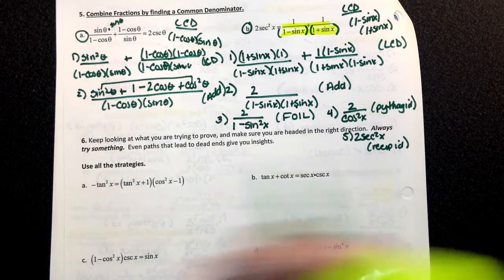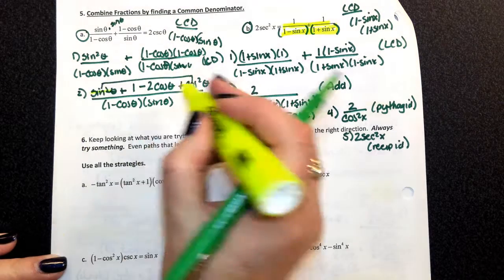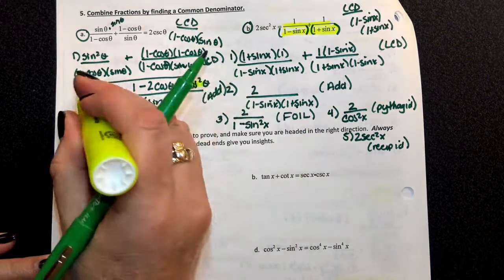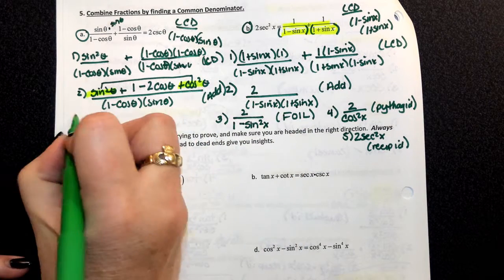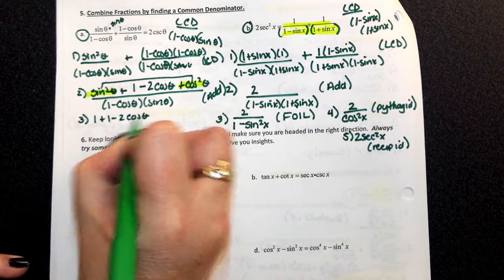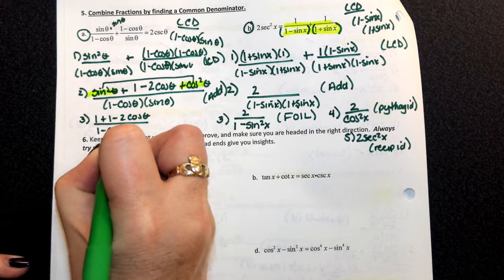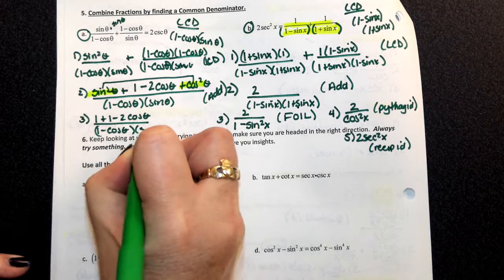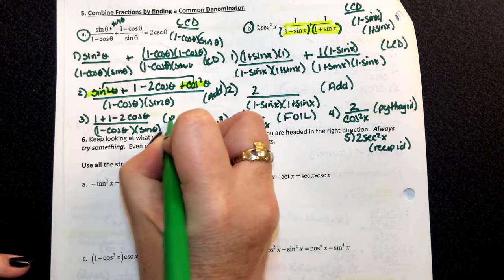So I have 1 plus 1 minus 2 cosine theta all over 1 minus cosine theta times sine theta. And this is your Pythagorean identity.